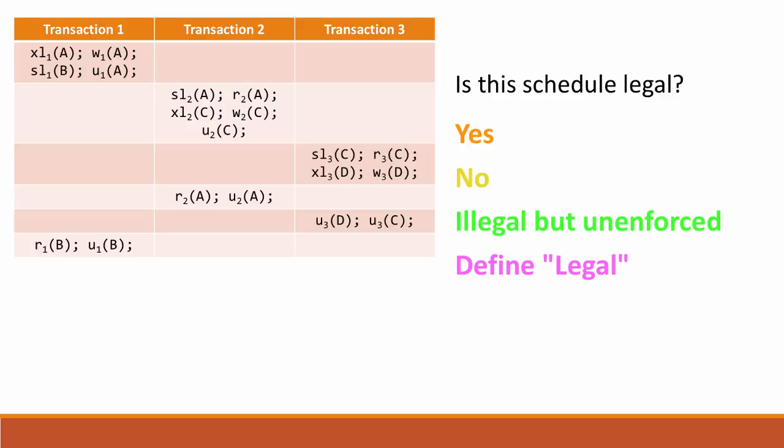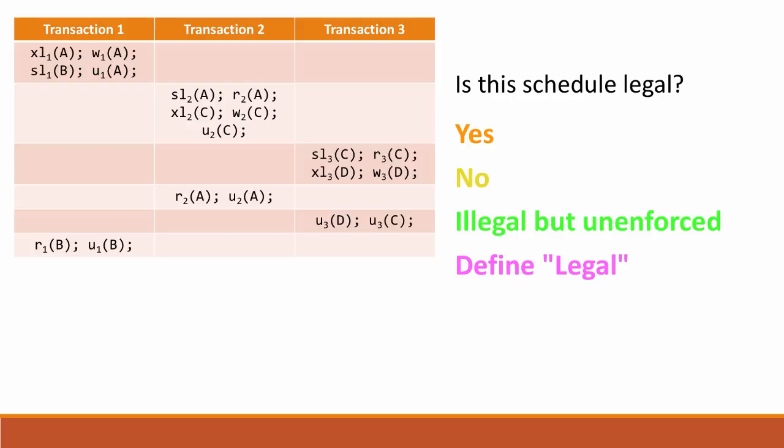They have consistency of transactions, they have legality of schedules, and they adhere to two-phase locking. All right, so is this schedule legal? Yeah, it follows all of the rules.